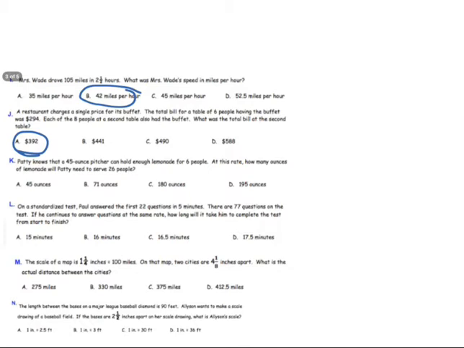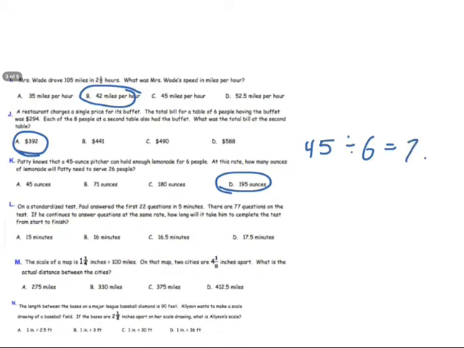Letter K says Patty knows that a 45-ounce pitcher can hold enough lemonade for 6 people. At this rate, how many ounces of lemonade will Patty need to serve 26 people? The answer that I got was 195 ounces, and I did that by thinking, again, if 45 ounces will be enough for 6 people, then I did 45 divided by 6 to figure out how much lemonade would be enough for one person.